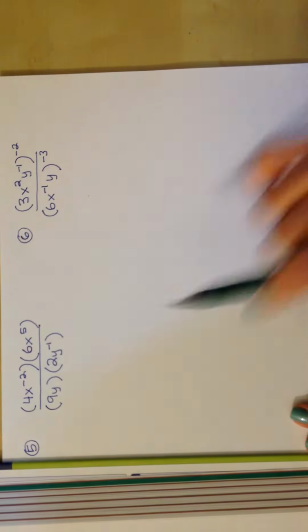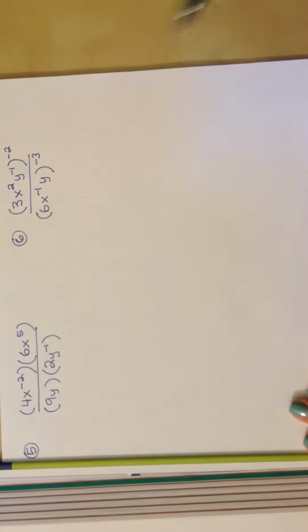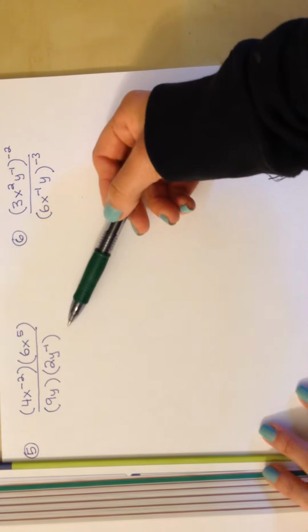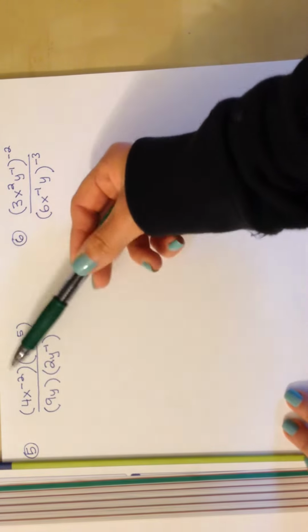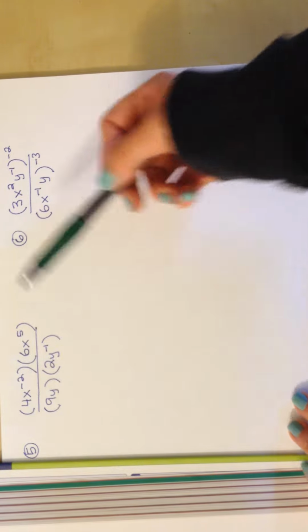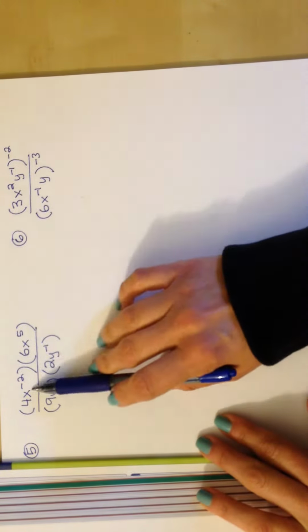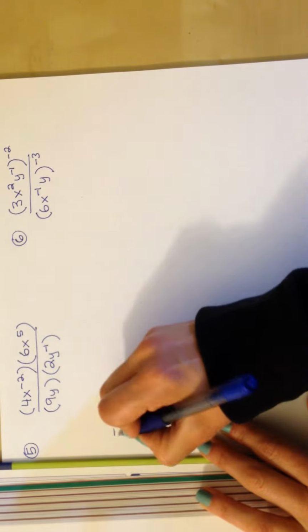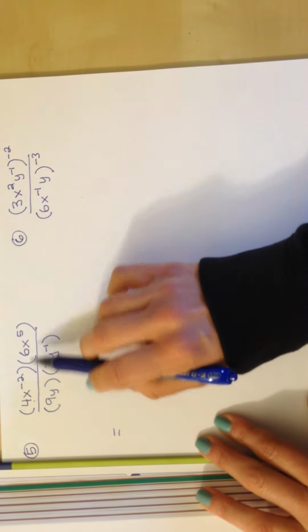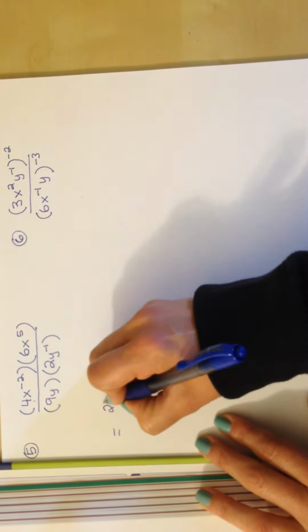Okay, we have number 5, number 6. So for number 5, we have the parentheses, but no exponents on the outside of the parentheses. So what we're going to do is a little bit of review from what we did in section 6.1. You will multiply in the numerator. I can multiply 4 times 6, that's 24.